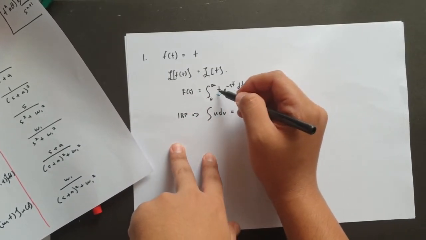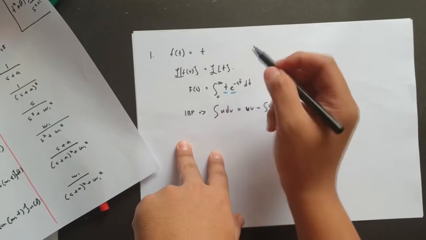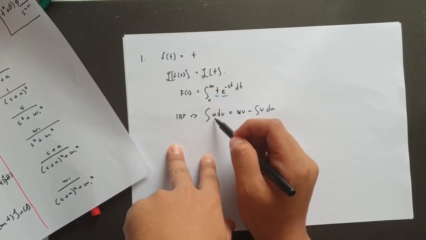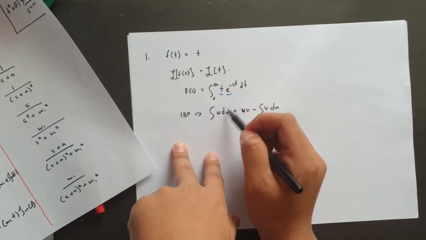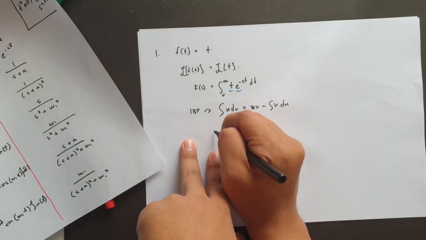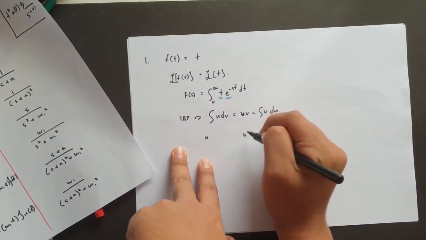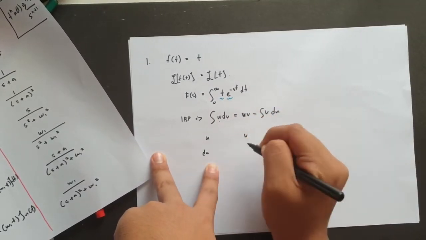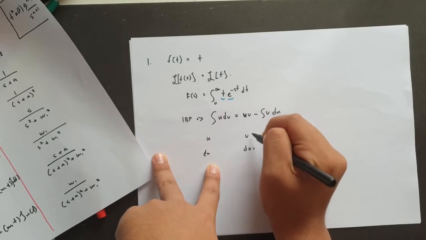Here u is equal to t, and dv is equal to e to the negative st. So you can write u, v, du and dv.